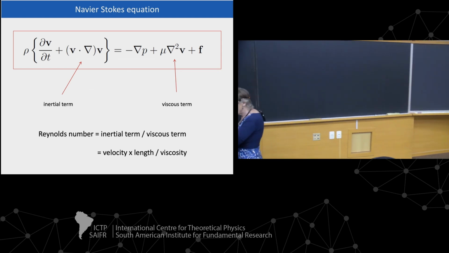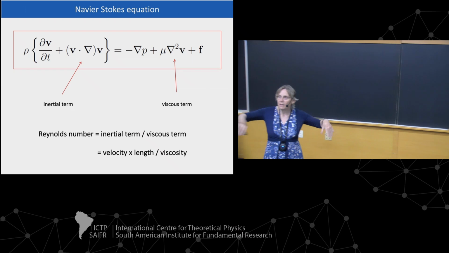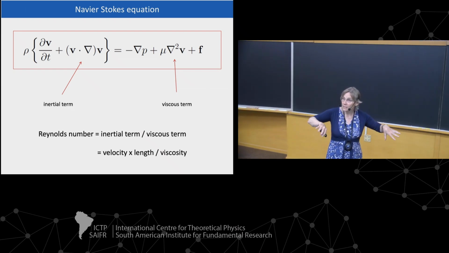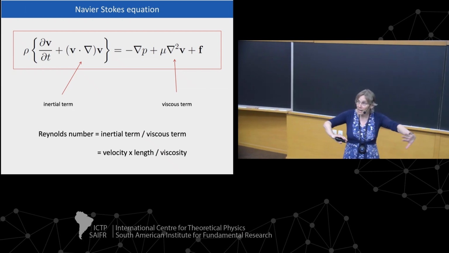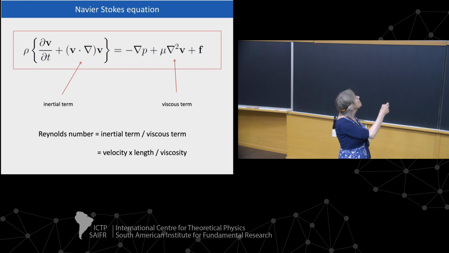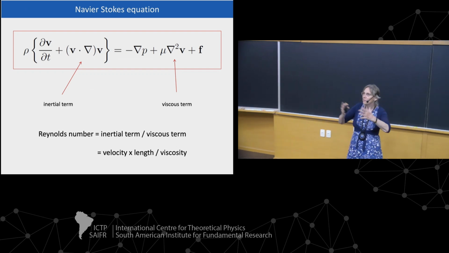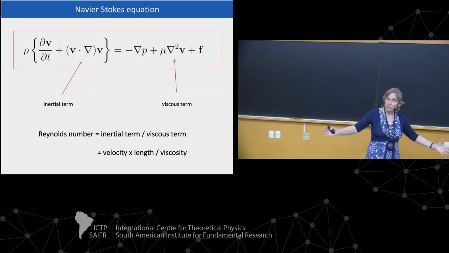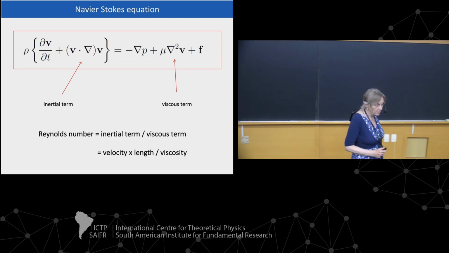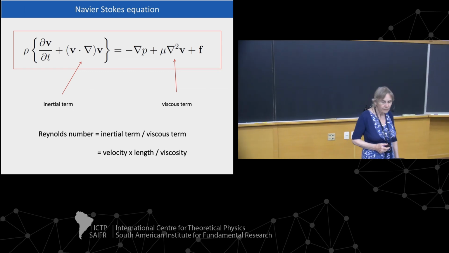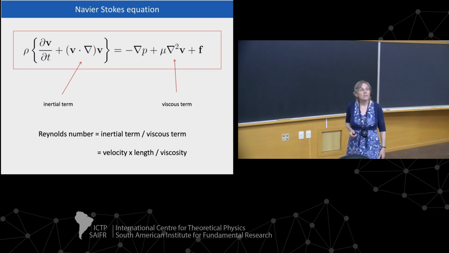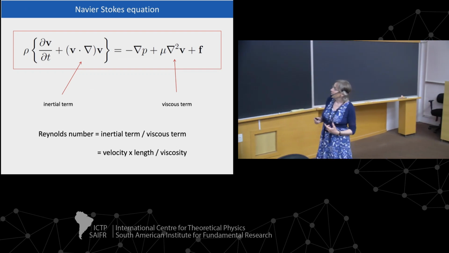The way I like to think about it is that if I'm swimming through a swimming pool and I stop moving, you'll glide for a bit, that's this term, and then eventually you will stop, and that's because the momentum is being spread out in the fluid and then lost to the boundaries of the swimming pool. The Reynolds number tells me which of those terms wins.